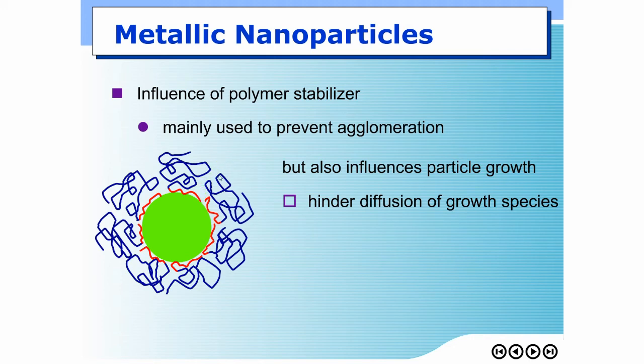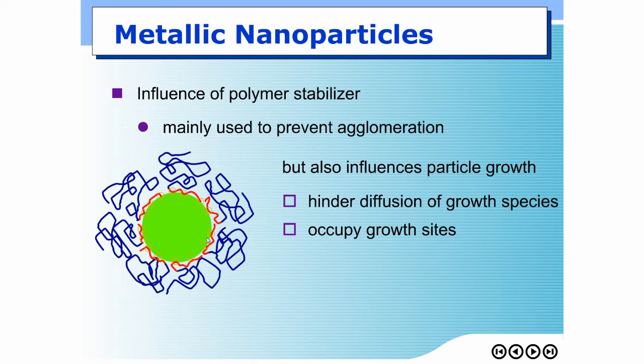But when we have a path like this, we have a barrier from the polymer. The movement of the growth species must go through this layer of polymer, which hinders diffusion, making the diffusion rather difficult. So this, on the other hand, gives you diffusion control growth. Also, the polymer occupies growth sites, like here that I highlight.